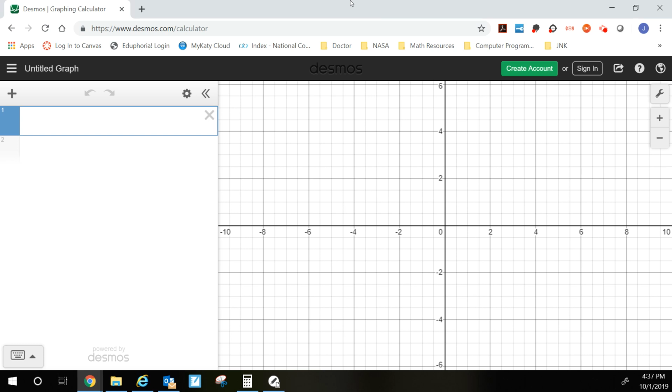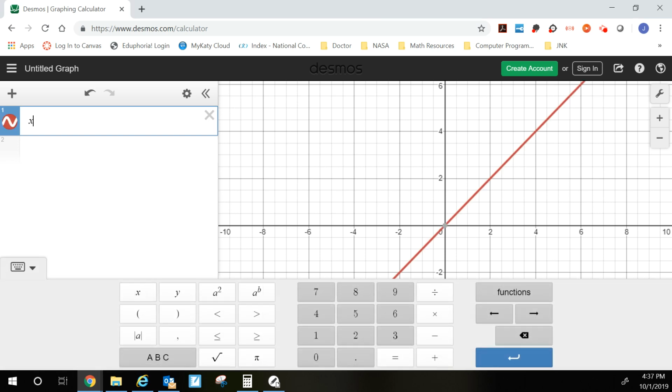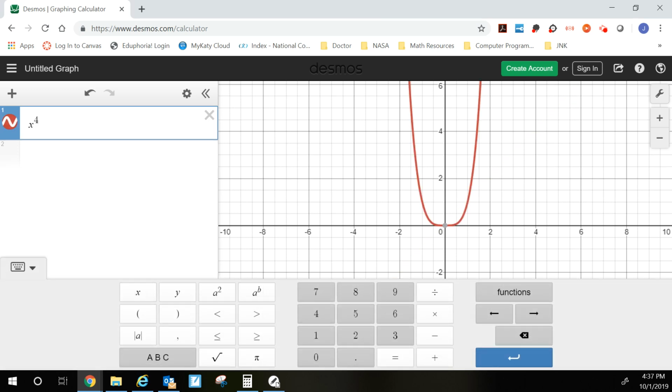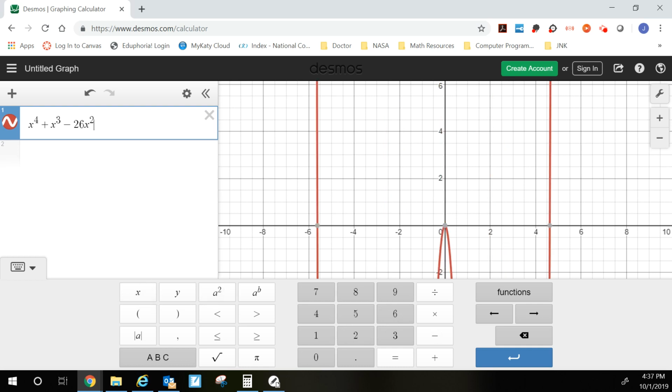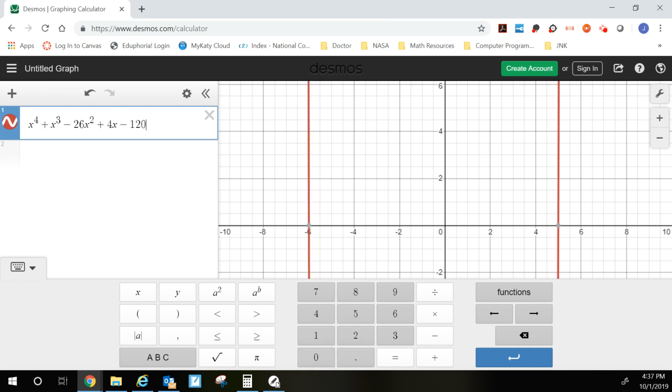All right, we're going to try to graph this guy. So you'll see kind of what you'll see on your quiz on Friday. So x to the 4th plus x cubed minus 26x squared plus 4x minus 120.